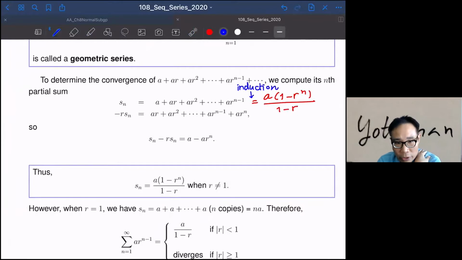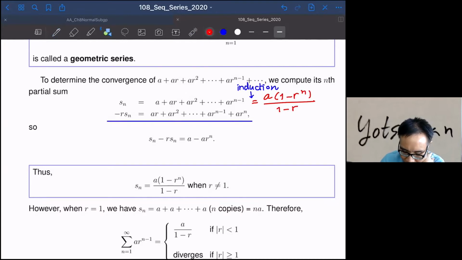Or we can use a technique where you have Sn equal to A plus AR plus AR squared up until AR to the n minus 1, and you multiply the whole equation by R. I think I made a mistake here, so it's just multiplied by R. And you subtract these two equations. The minus sign should be in the middle.